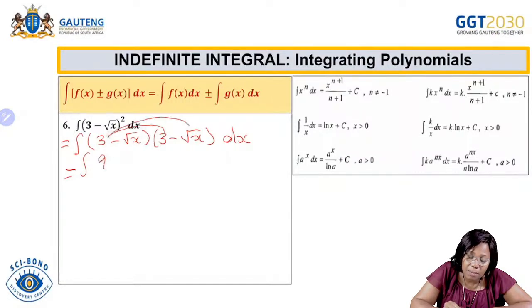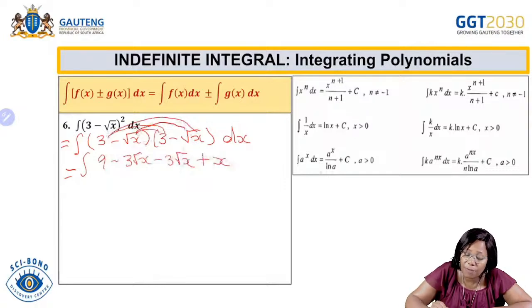And then 3 times square root of x, that will be minus 3 square root of x. And then minus square root of x times 3, that will be minus 3 square root of x. And then lastly, the minus square root of x times the minus square root of x will be plus x. The square root of x times the square root of x is the same as square root of x squared, because we have 2 of them. Then the 2 will cancel the square root sign. That is why we say the answer will just be x.